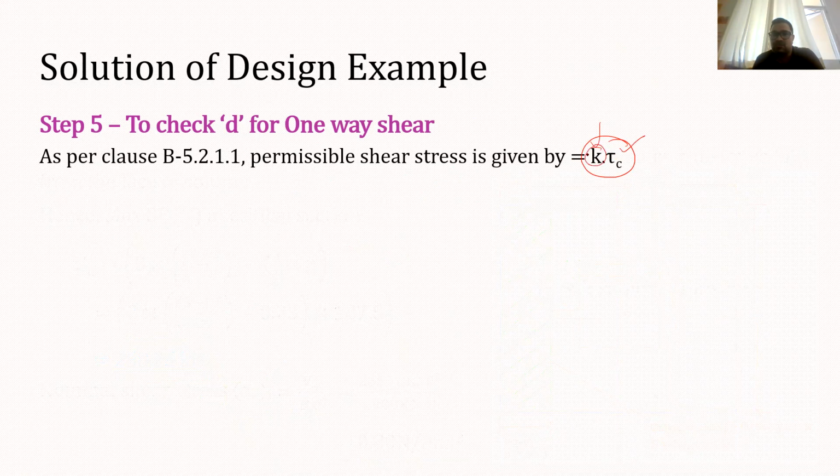Now this K value is dependent on the overall thickness or overall depth of the foundation. Before we discuss the overall depth, I will show you the table at clause number 5.2.1.1 of the IS code.